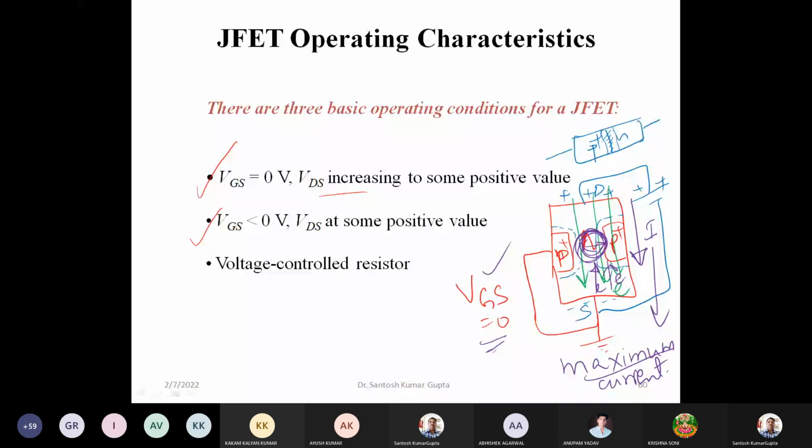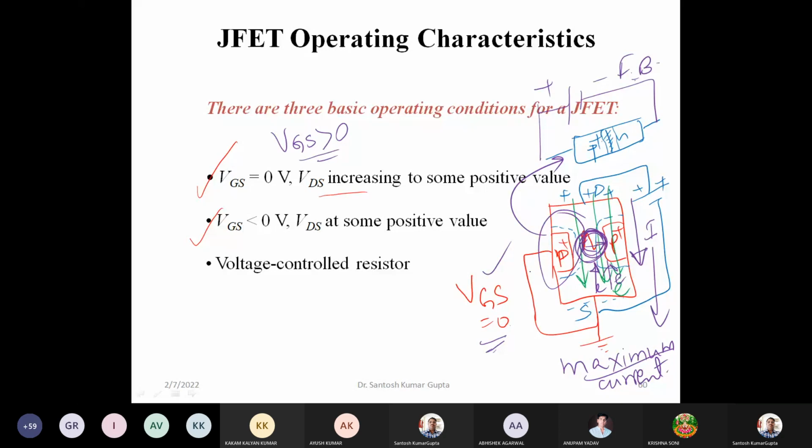One thing before proceeding, can we apply a VGS greater than 0? If we apply a VGS greater than 0, then what will happen to this P plus N junction? This P plus N junction will become forward biased. And a huge current will start flowing through this gate in this condition.